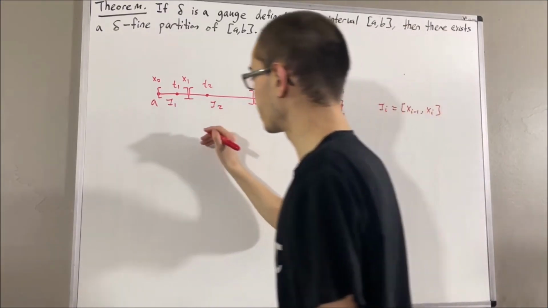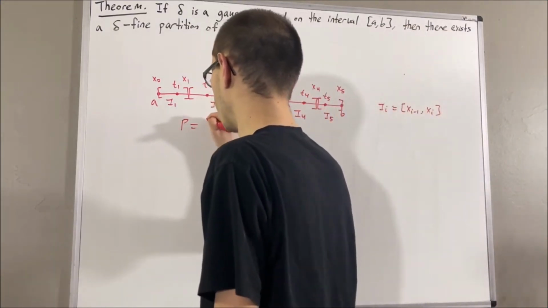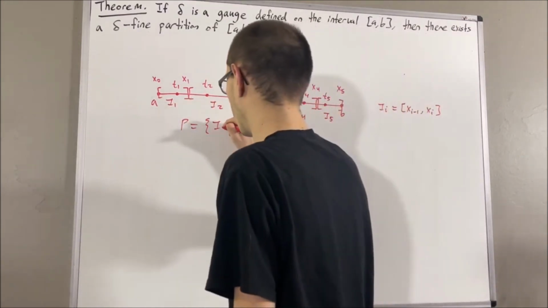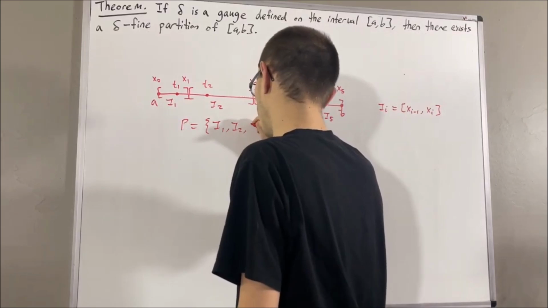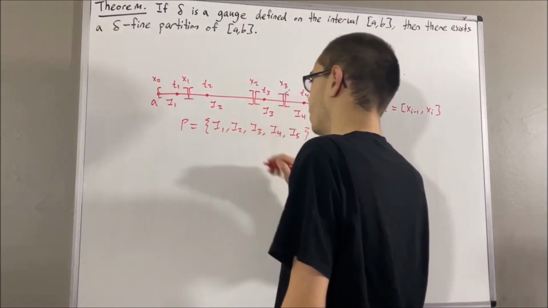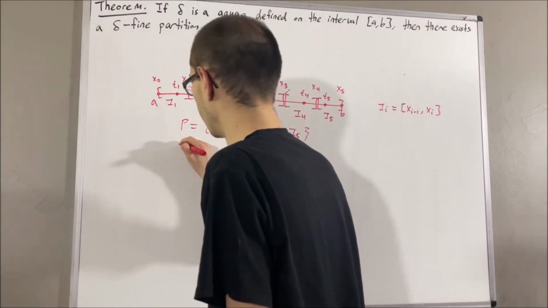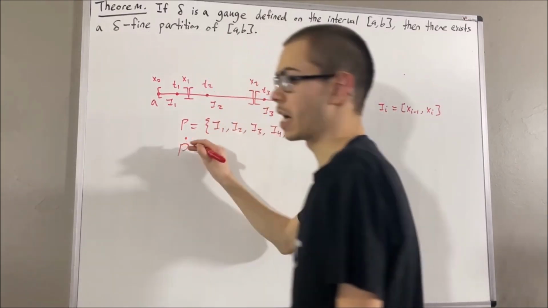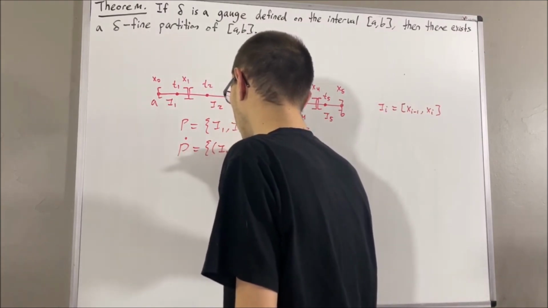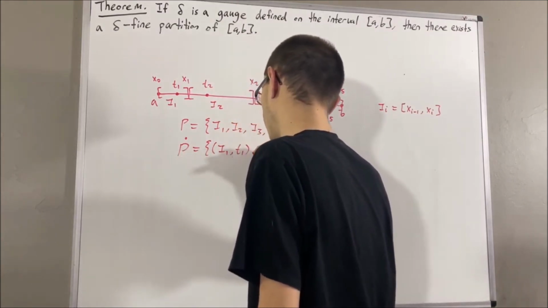So in some cases, a partition is just the collection of intervals. So in this case, I1, I2, and so on up to I5. But the tagged partition, which we usually label with a dot on top, is the collection of intervals along with the tag in that interval.